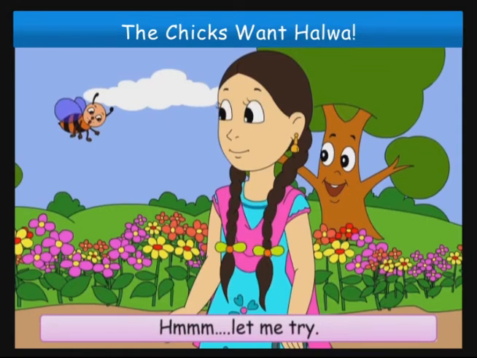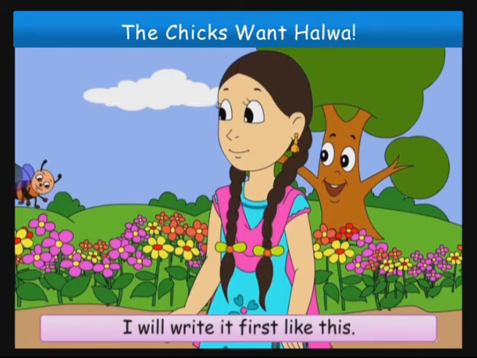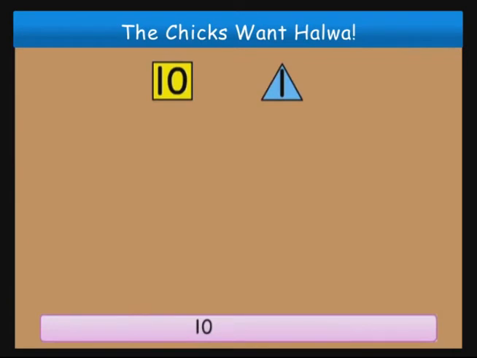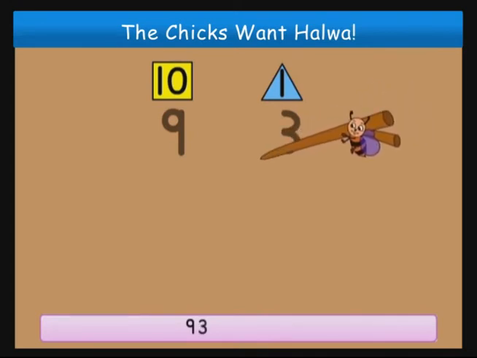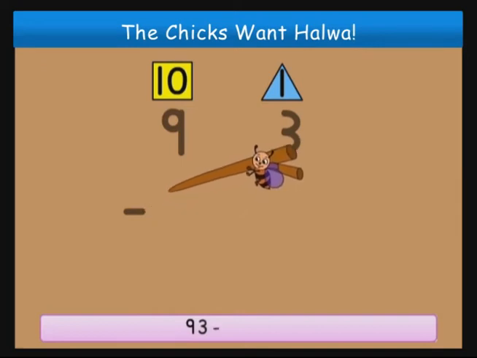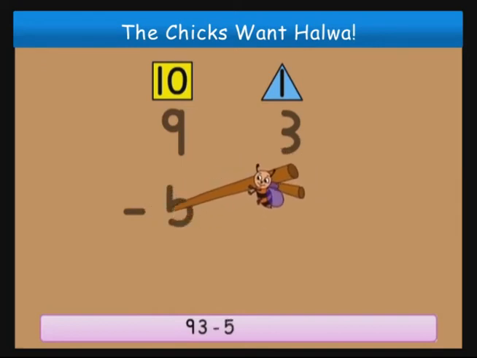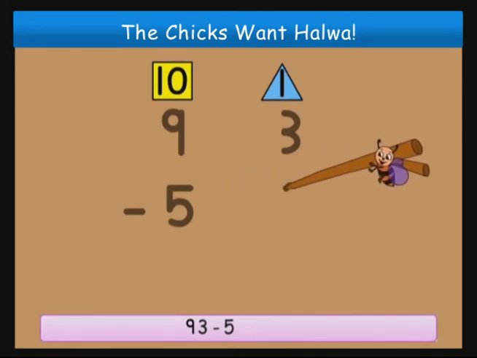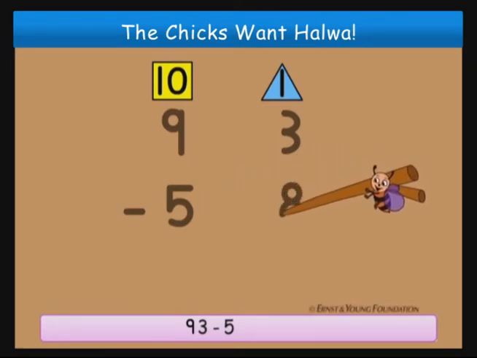Let me try. Wait, Meenu, I will write it first like this. Tens, ones, 9, 3, minus 5, 8.